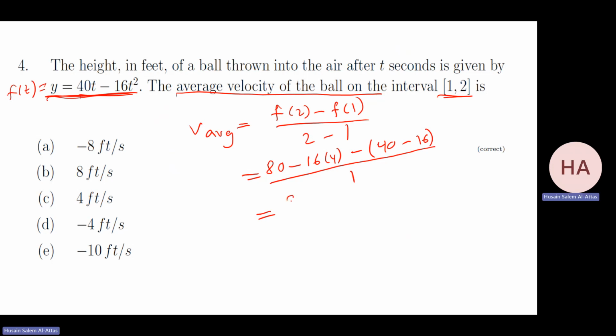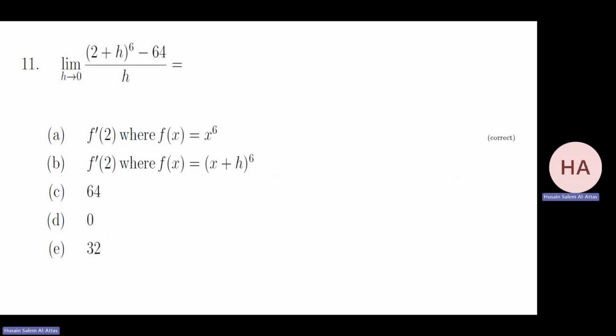Yeah, 80 minus 64 minus what is this? 24. Yeah, 24. Which is 80 minus 88, which is minus 8, which is this answer. Calculation.